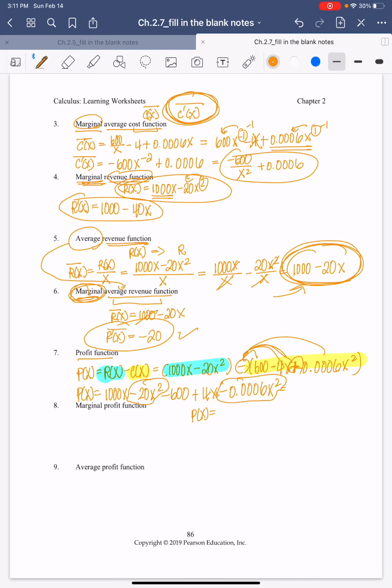P of x will be combining these two, negative 20.0006x squared, 1000x plus 4x, 1004x, and last term minus 600. So that will be my final answer for number 7. Right there.